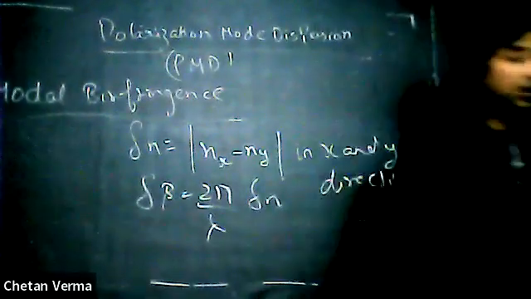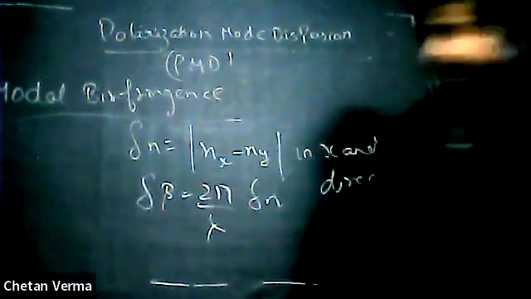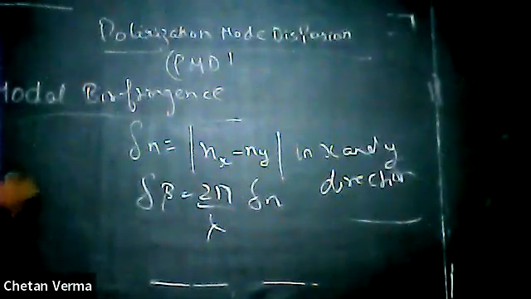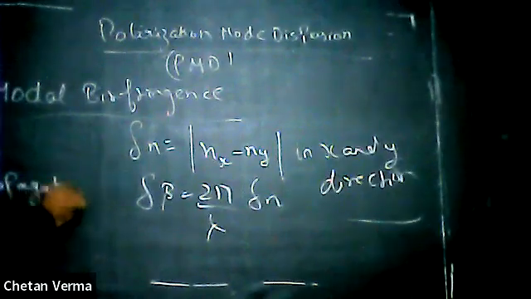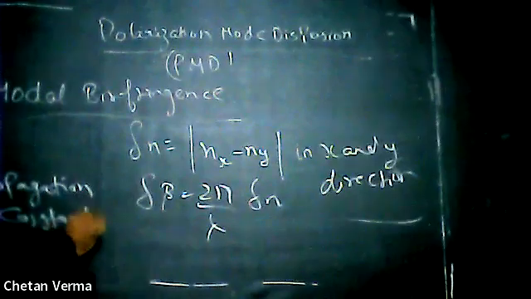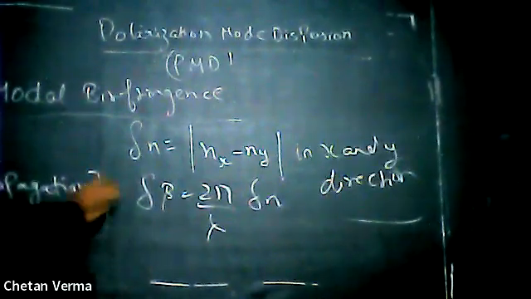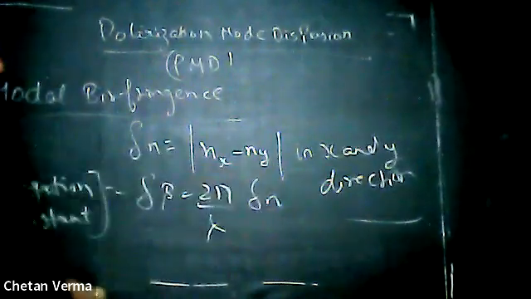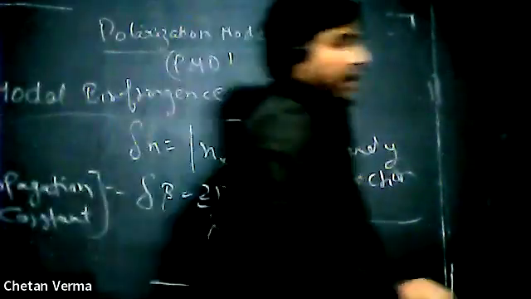So the propagation constant should be equal to 2 pi by lambda into delta n, that is your modal birefringence. Okay.